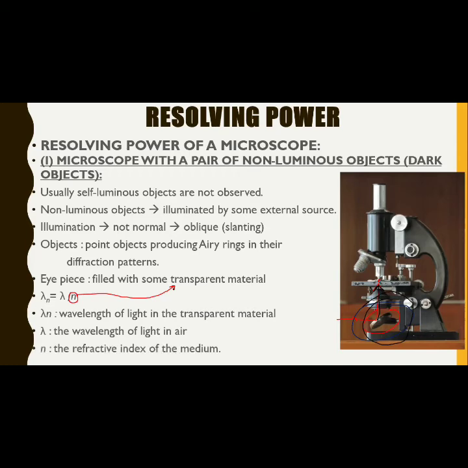So in this particular setup, what we got: we have first, a non-luminous object which is illuminated by some external source. That external source, obviously, is not straight, it is oblique, it is slanting. Third point, objects are point objects, giving us the Airy discs or Airy rings in the diffraction pattern.